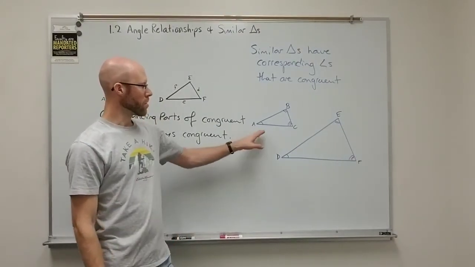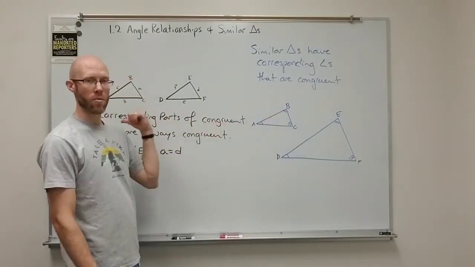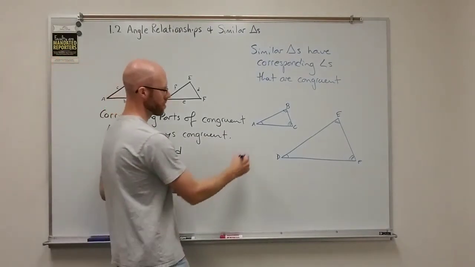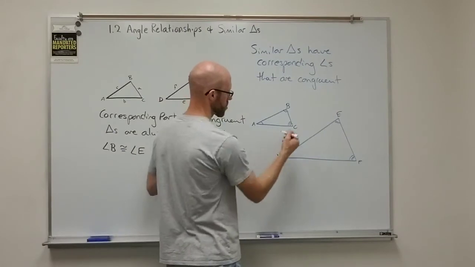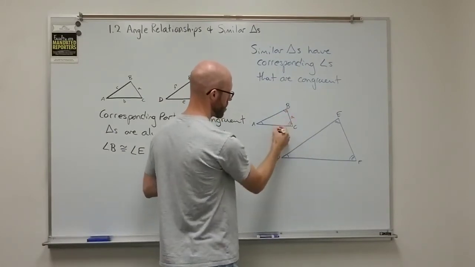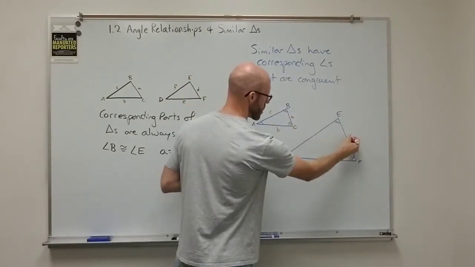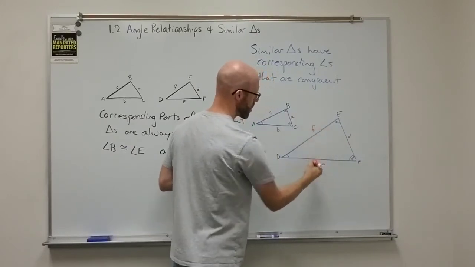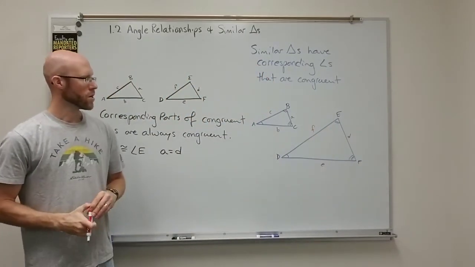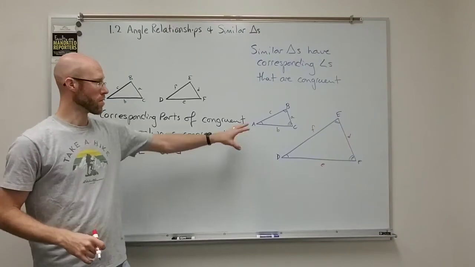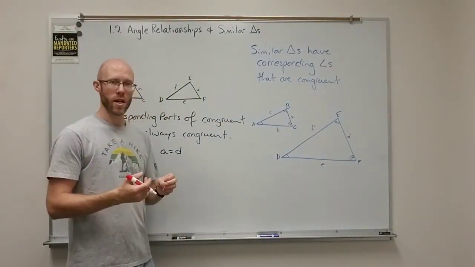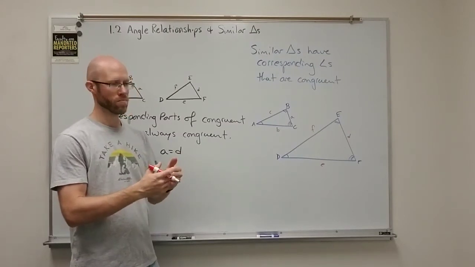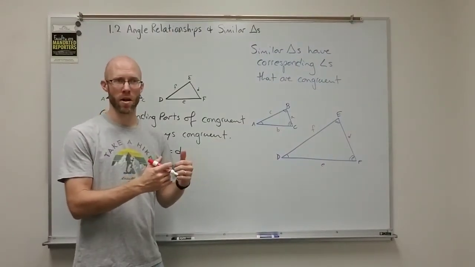Now, if I were to label the sides in the same way I did with the last example, actually, I'm going to switch colors here. Let's go side A, B, C, and then D, E, and F. So the sides are clearly not the same, right? One has smaller sides than the other one. But what's interesting is that they all relate to each other by the same factor.